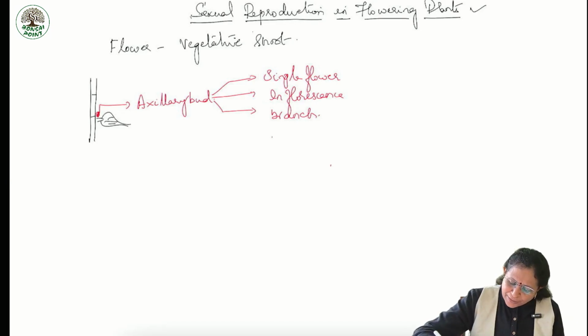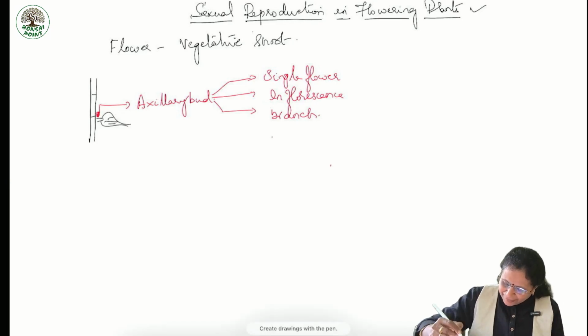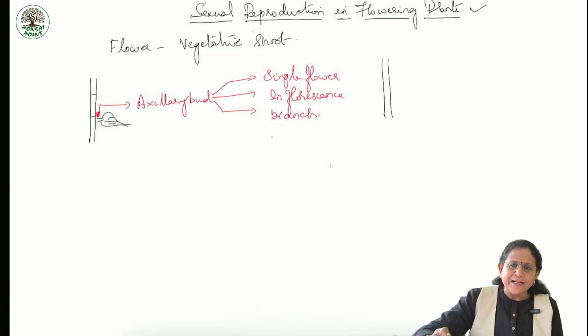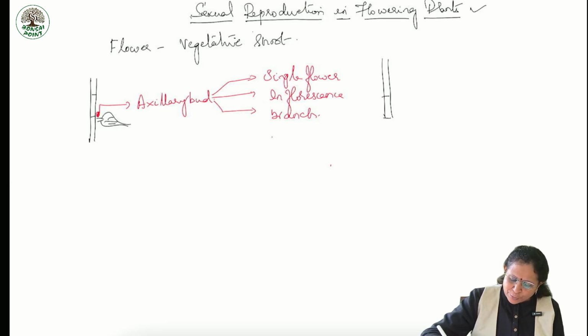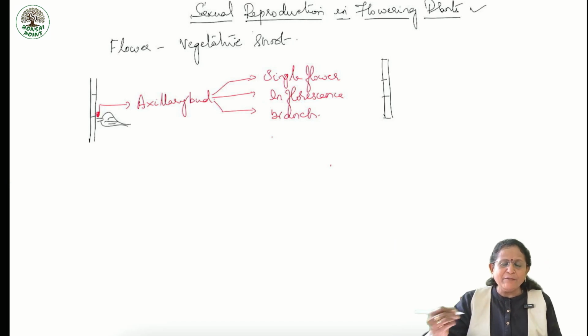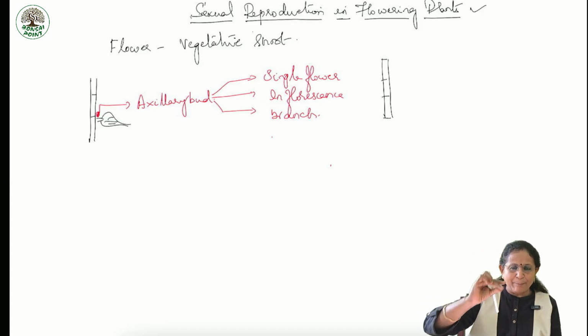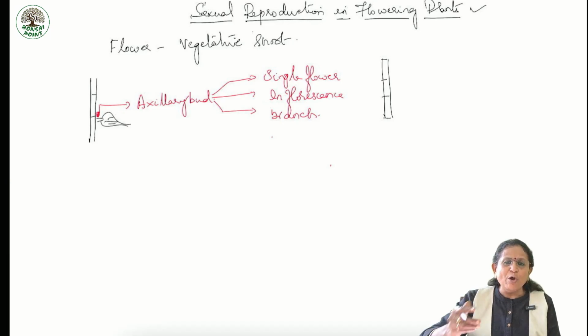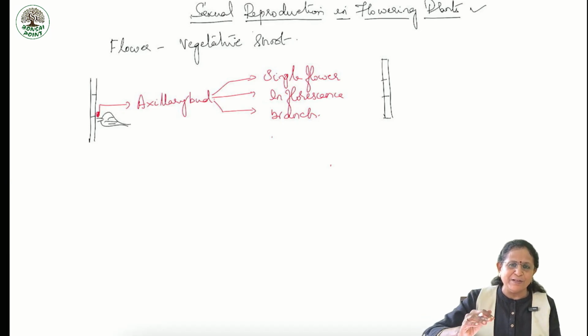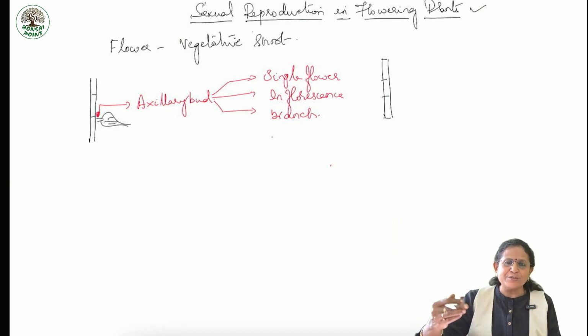Let us assume that this axillary bud gave rise to a branch with 4 nodes, 1, 2, 3, 4. Evolutionary study says that the entire branch was compressed and gave rise to 4 whorls of a flower. I told you 4 nodes; each node gave rise to 1 whorl.